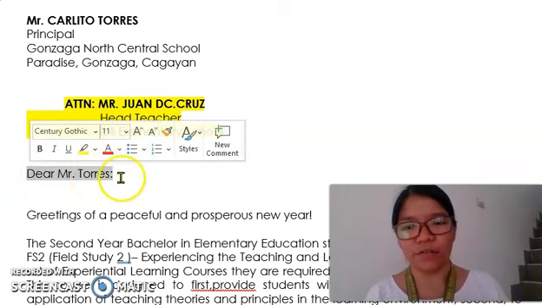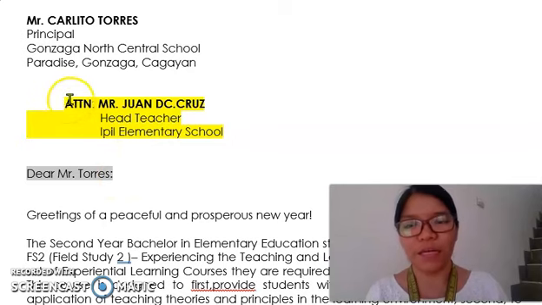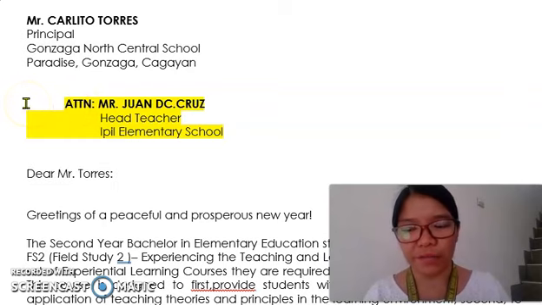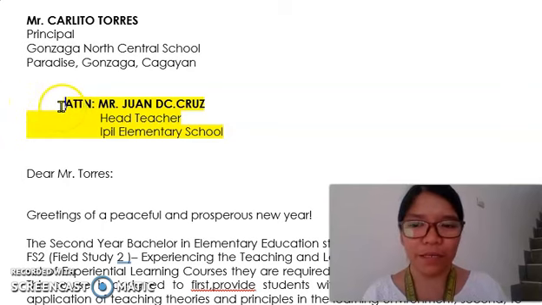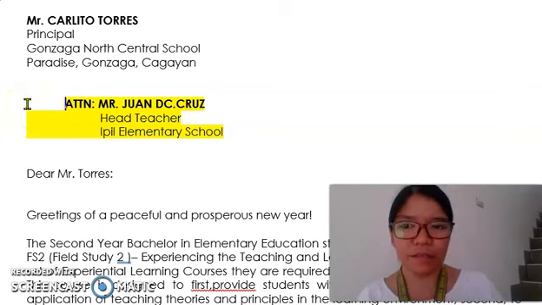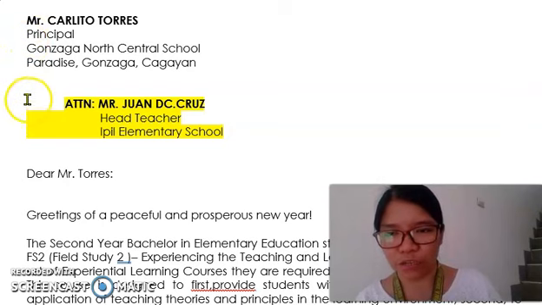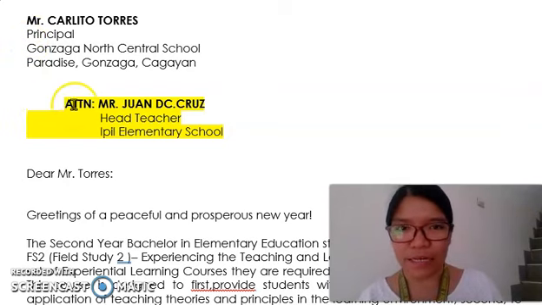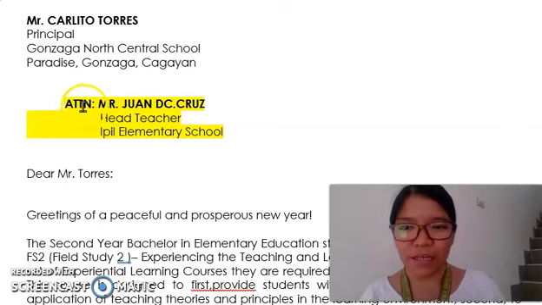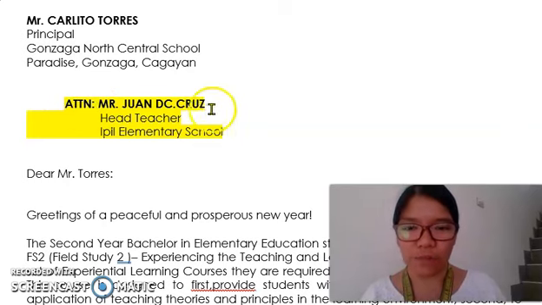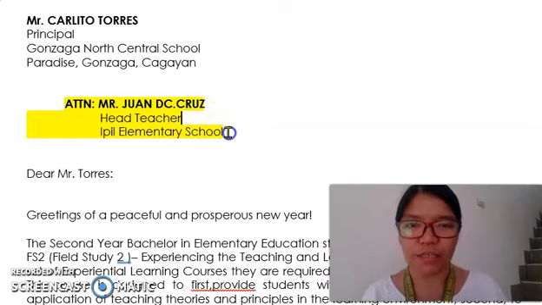You can see it there, Mr. Torres. In the attention line, it is written one tab or margin, one indent. And then ATTN, colon, and then the name of the direct person you want to be involved with, then his position, and then his address.